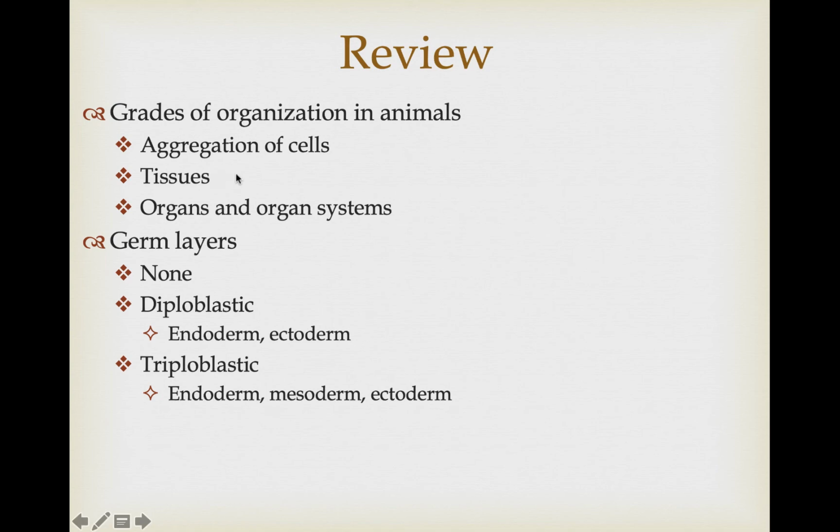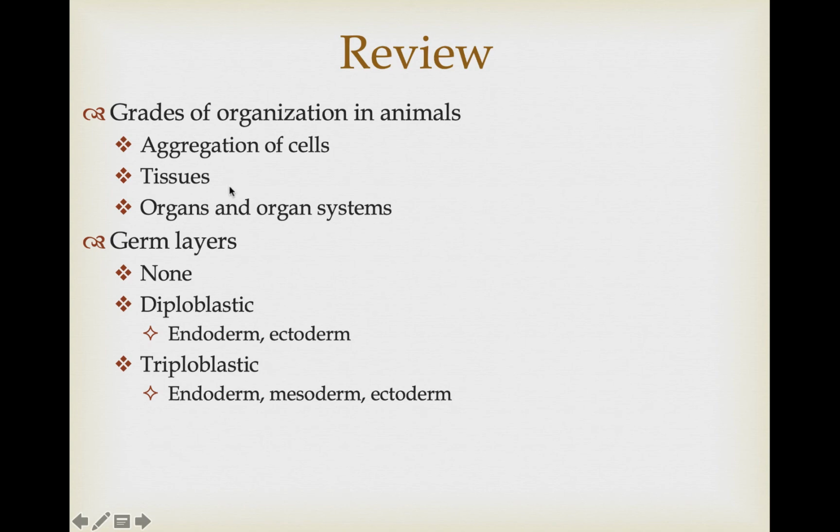Then we'll talk about the tissue level of organization, in which you start to see this differentiation of tissues into endoderm and ectoderm. And in some of those, you can see some pretty simple organ systems being formed, but without specialized organs in that system. But that next level is where we really start to get more complex organs and organ systems, and this is typically associated more with the triploblastic animals.